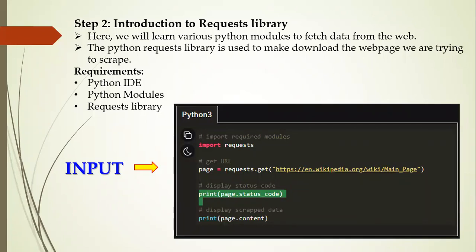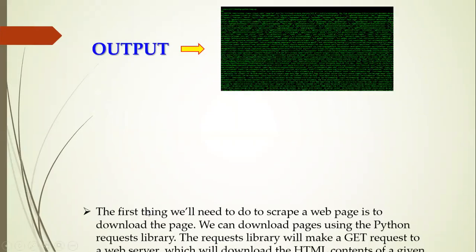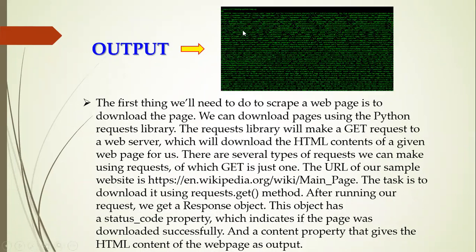Here we enter this code in the Python IDE. This is the input we give. And moving on to the next slide. This is the output we get from it. The first thing we will need to do to scrape a web page is to download the page.